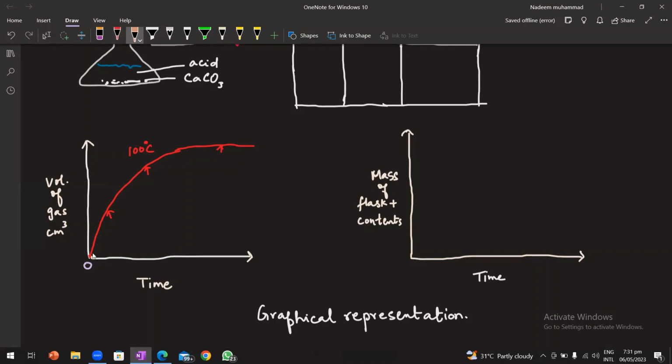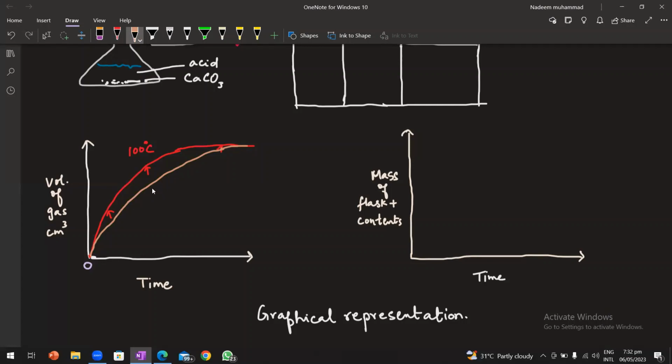at lower temperature, the rate of reaction will decrease, because rate of reaction increases with the increase in temperature. So you will get a similar kind of curve, but lower, like this, showing that the rate of reaction has decreased.